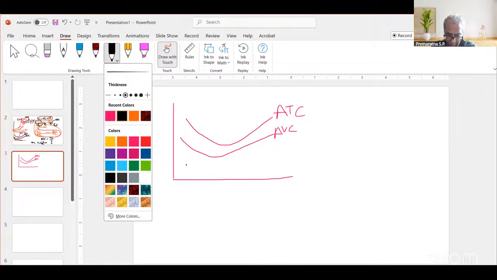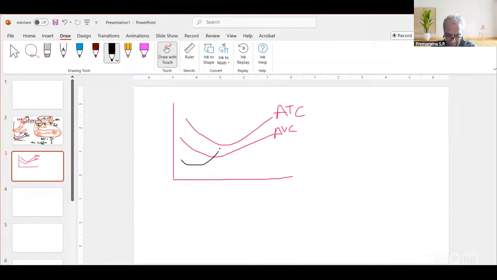The marginal cost curve always goes through the minimum point of the average cost. This relationship between the average cost curves and the marginal cost curve you must understand. Why does it go to the minimum point? You will understand, and I'll go through that quickly.